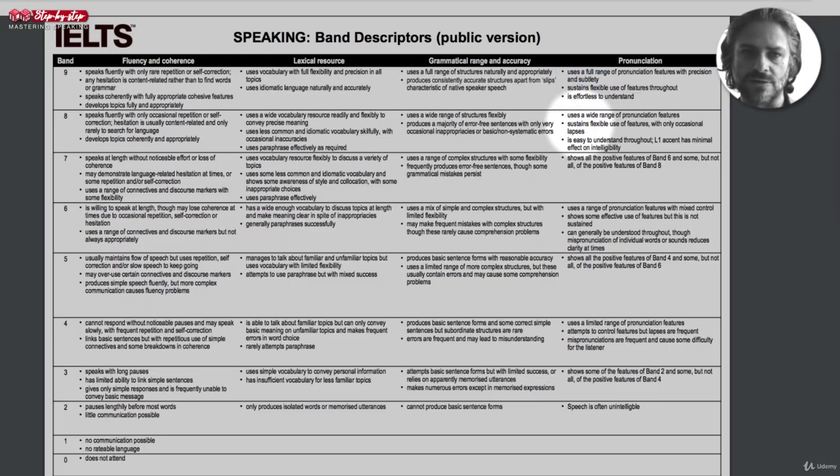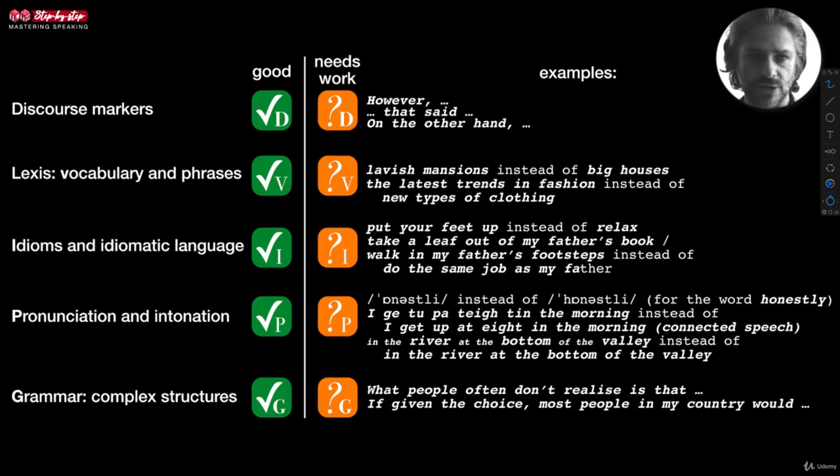And now what I will be doing is talking to you about the key, or the error key, that I will be using for the speaking feedback videos. So you'll see that if it's green on the screen, that means it's good. And D refers to discourse markers.